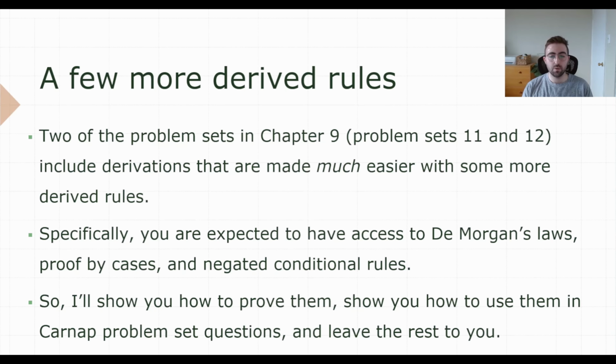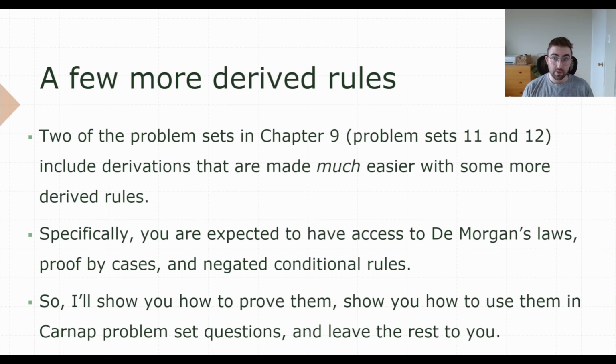All right, so quickly before I get into showing the derived rules, just some notes that two of the problem sets in Chapter 9, problem sets 11 and 12, want translations like what we've been doing already, but they also include some derivations that are very tricky and are made a lot easier with some more derived rules.